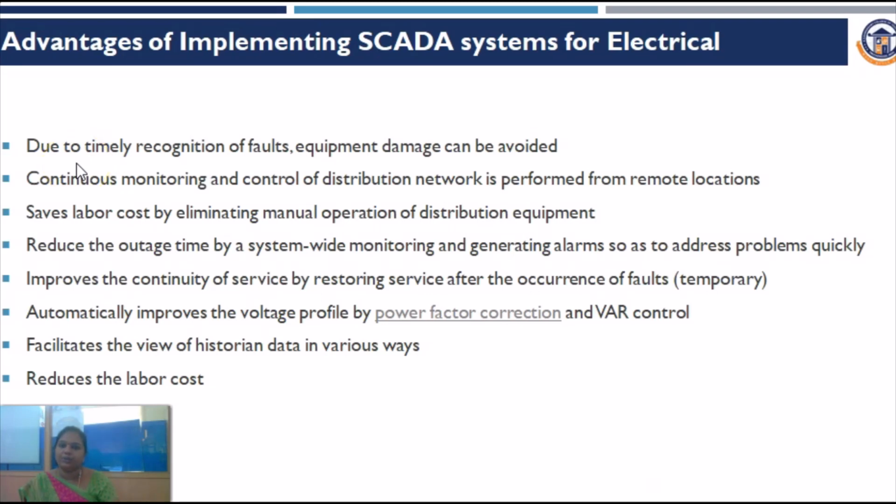Let us see. Due to timely recognition of faults, equipment damage can be avoided easily, because we can detect the fault previously. Continuous monitoring and control of the distribution network is performed, which saves labor cost by eliminating the manual operation of distribution equipment. It reduces the outage time by system-wide monitoring and generating alarms to address problems quickly, and improves the continuity of service by restoring service automatically after the occurrence of faults.